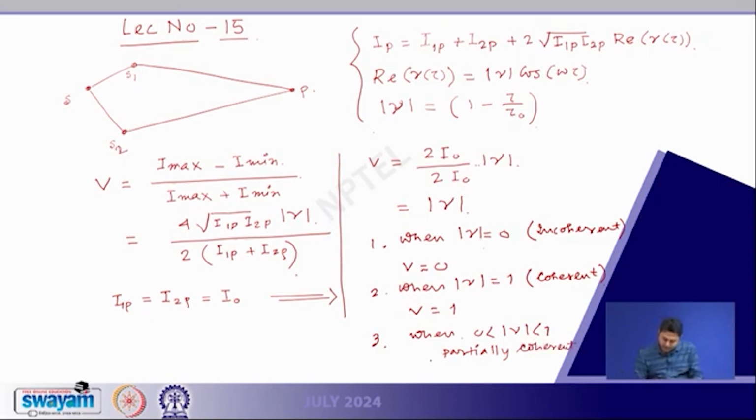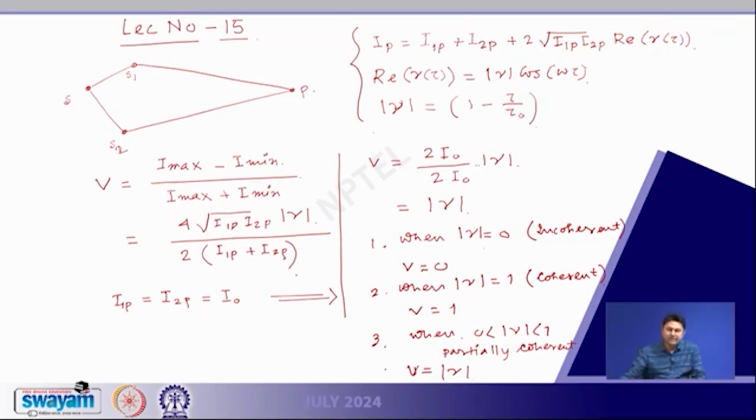In that case, V will be equal to the value of gamma. So the degree of coherence tells us whether two waves, when they interfere at some point P, will be exactly coherent, exactly incoherent, or partially coherent, depending on the value of this gamma.